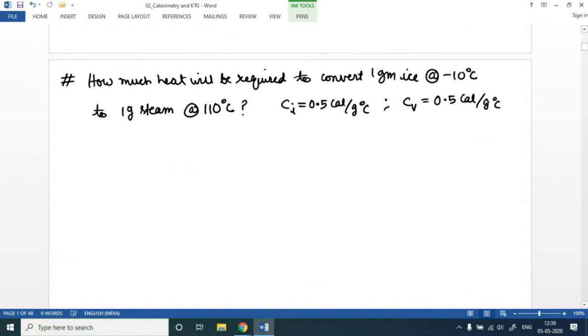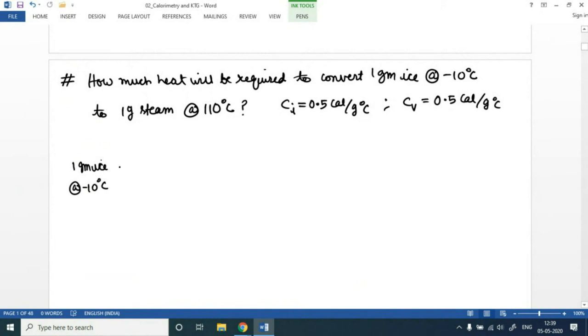These data will also be needed to solve this question. Now I'll look closely at this question. Initially we have 1 gram ice at minus 10 degrees Celsius, and we have to convert it to steam at 110 degrees Celsius.